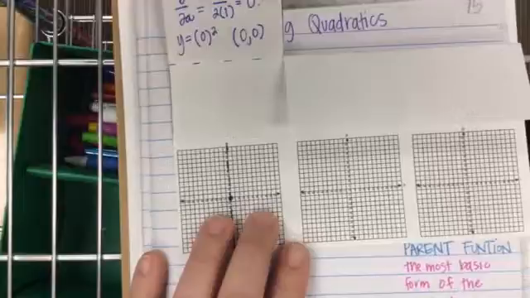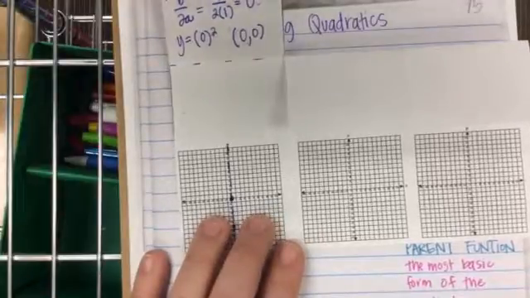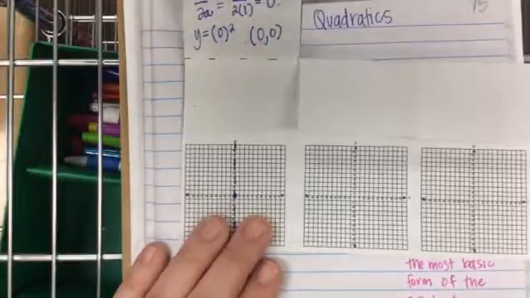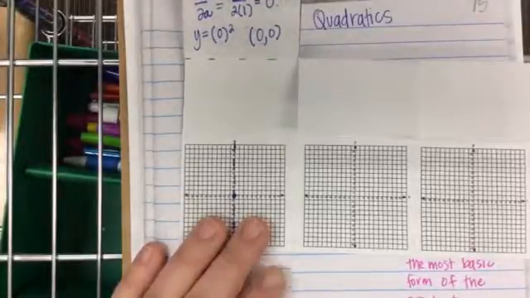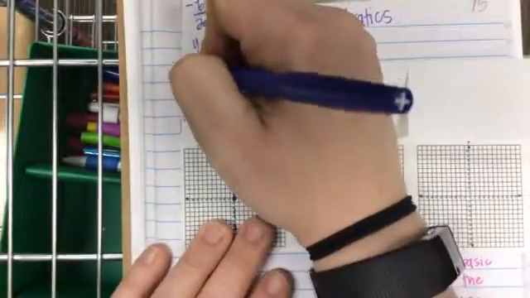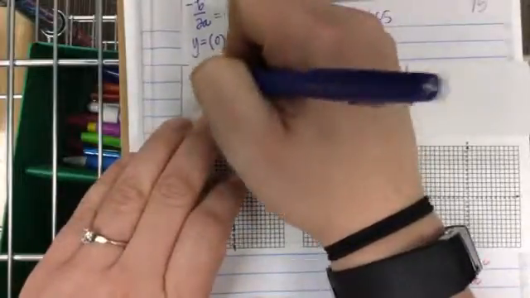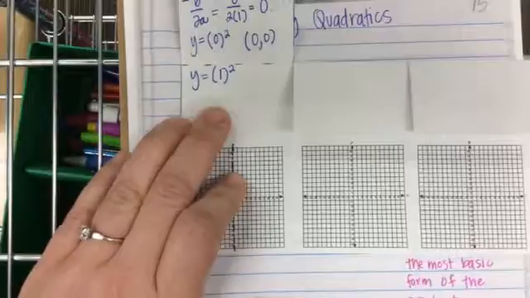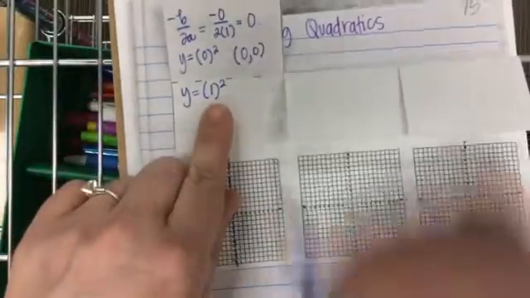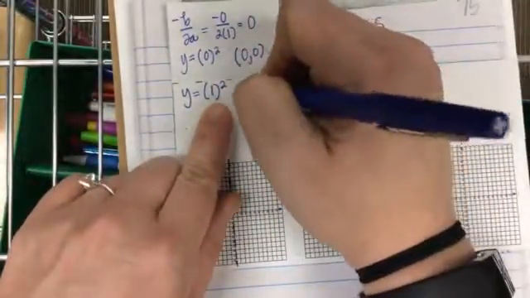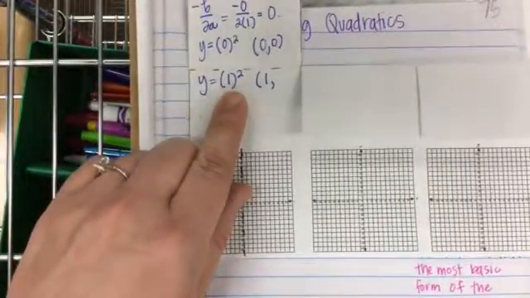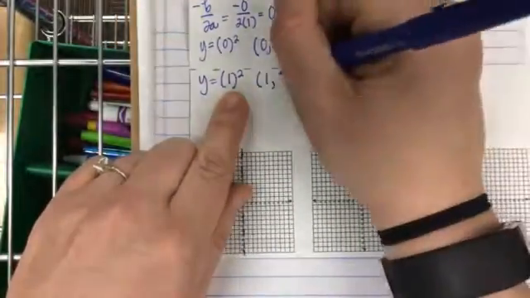Somebody else could choose negative 1, right? Why is 1 a better choice for us? Because it's positive. All right, here we go. Y equals 1 squared. We substitute the value of 1 in for x, making my ordered pair 1 comma, what's 1 squared? 1.